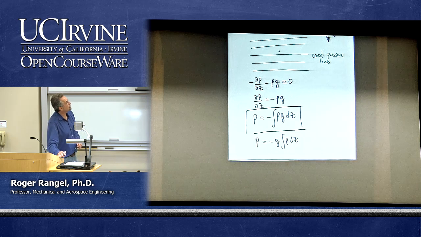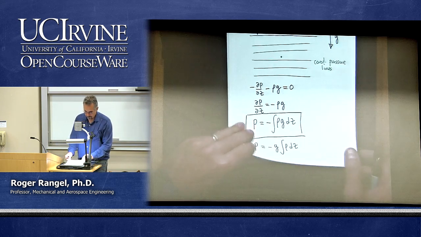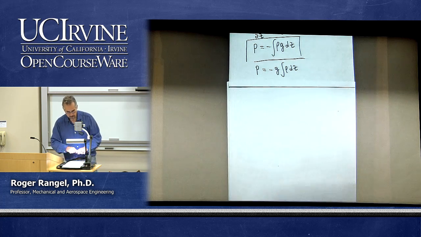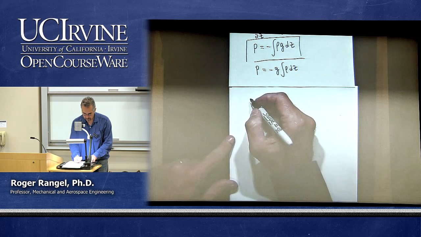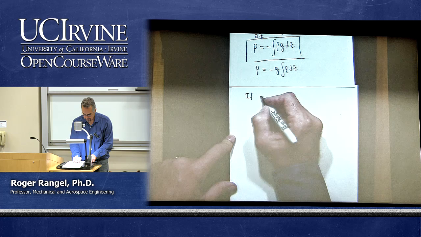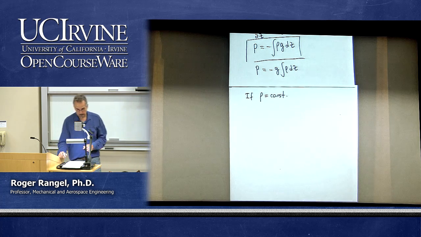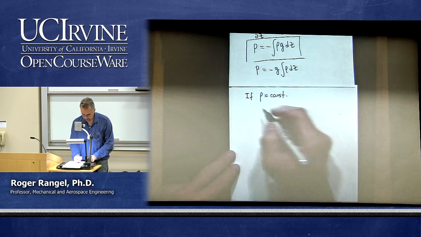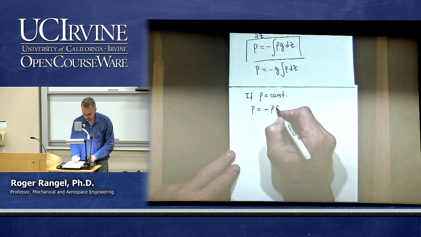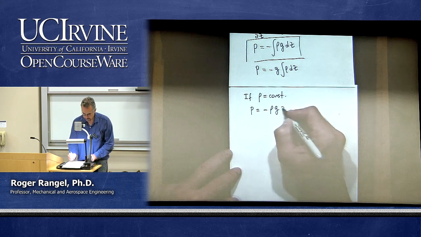Now, of course, to solve it, it depends on what we say about the density. Obviously, one case is trivial, which is when the density is constant, which is what we can do if we're dealing with a liquid. If the density is a constant, then it can also come out of the integral, and then the pressure is minus rho g times the integral of dz, which is z.